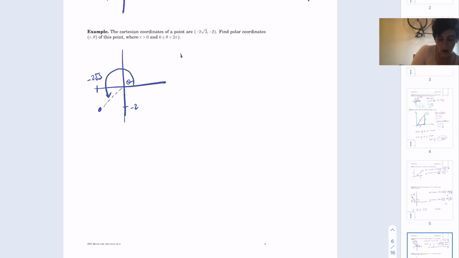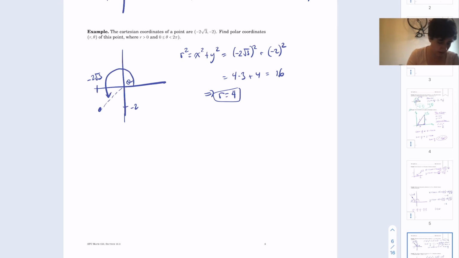So r squared is equal to x squared plus y squared, and so that is -2 root 3 squared plus -2 squared. And so I have 4 times 3 plus 4. I got 12 plus 4 is 16. And so that tells me that r is equal to 4.